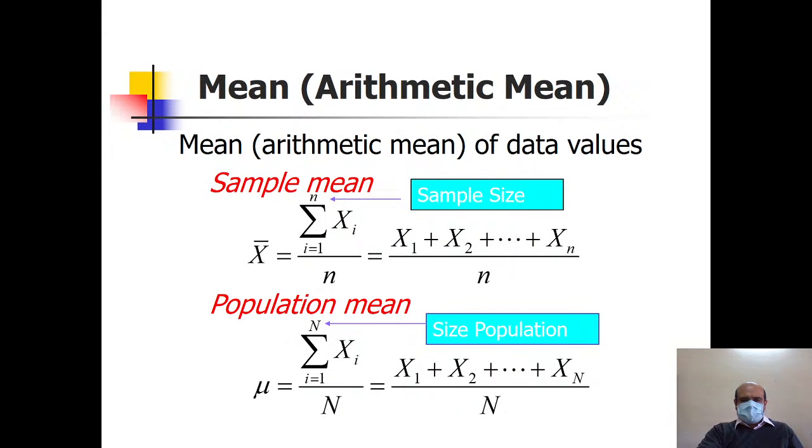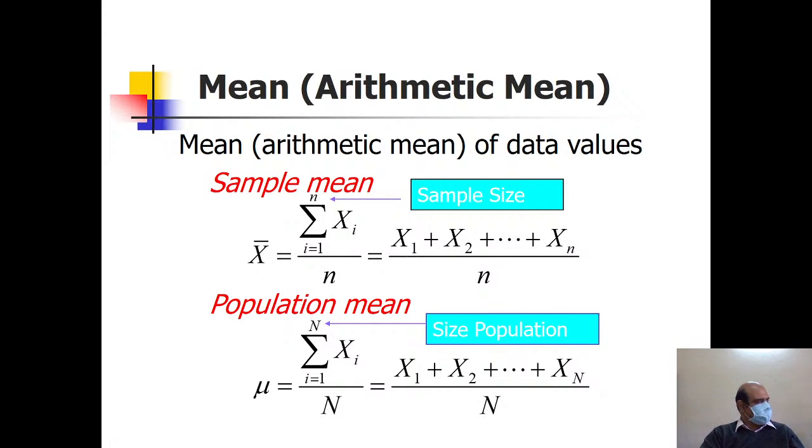Mean. Now there is sample mean and there is a population mean. So the formulas are given down below. It's the same formula which I was talking about. So arithmetic mean of the data value, there are two types of mean. Sample mean means each person's sample mean, and then there is a population mean.